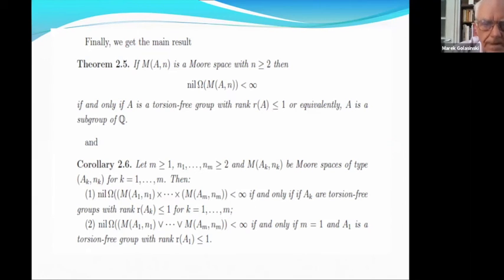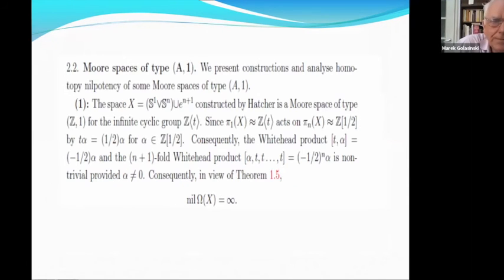So at the end, we can say something about Moore spaces of type Z[1/2]. We have a construction by Hatcher of a space of type Z[1/2] which is not a sphere, but we can show that, okay, we need some preparation.